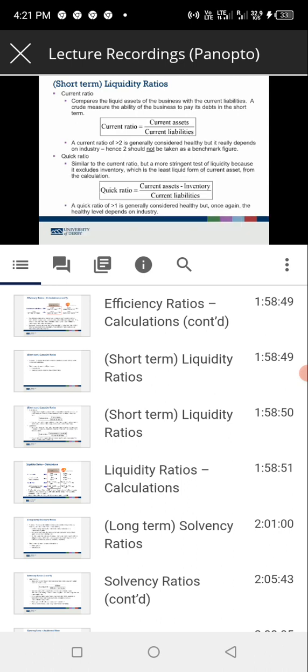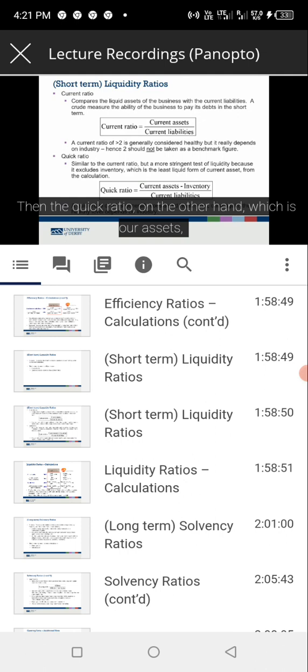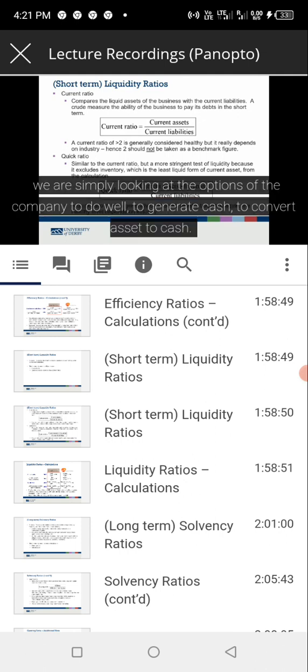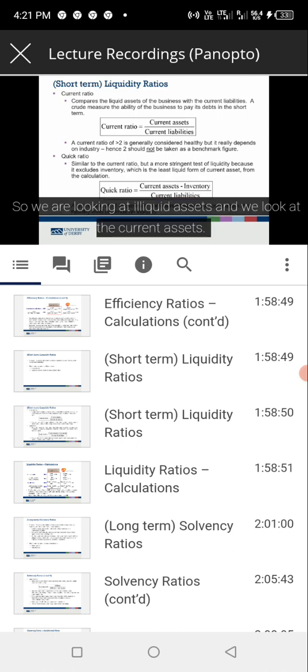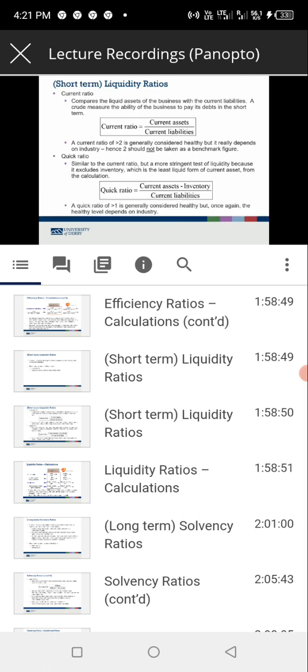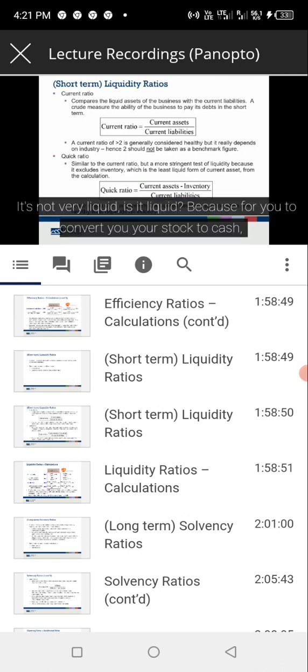When we are evaluating the performance of a company, we need to put the sector in perspective. Then, the quick ratio, which is our asset test, we are simply looking at the ability of the company to generate cash, to convert its asset to cash. When you look at the current asset, we can say inventory is the most illiquid.